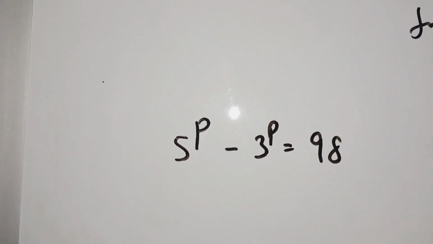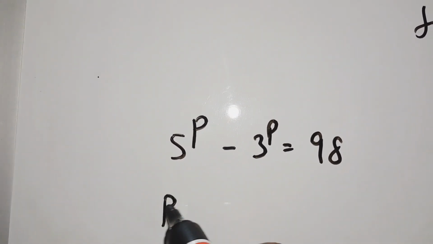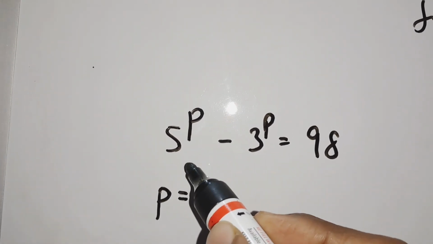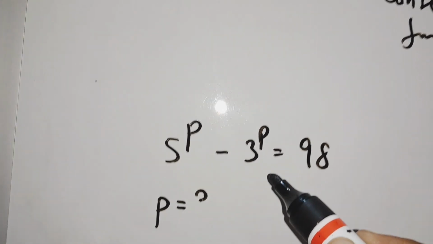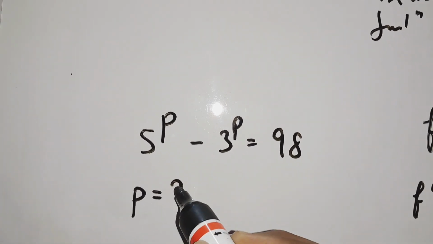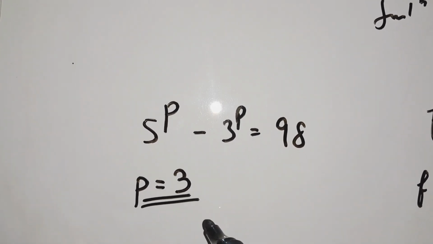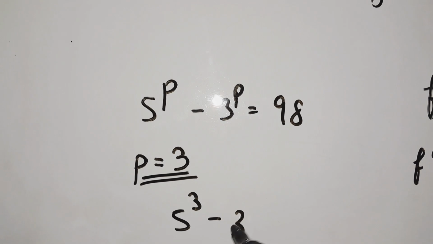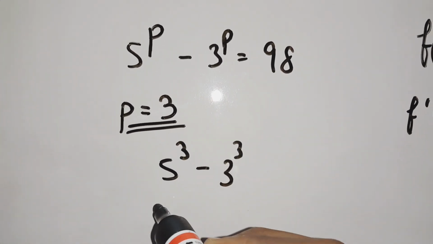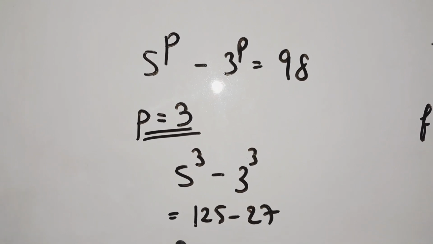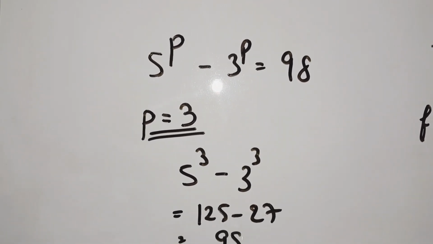It is nothing hard. If p equals 2, it is 5 square minus 3 square, that is 25 minus 9, it's 16, it's not 98. So if p equals 3, we can see 5 to the power 3 minus 3 to the power 3 is nothing but 125 minus 27, and that equals 98.